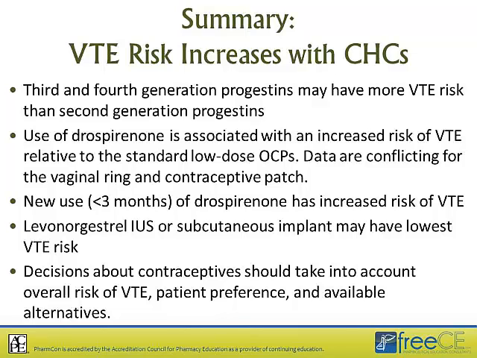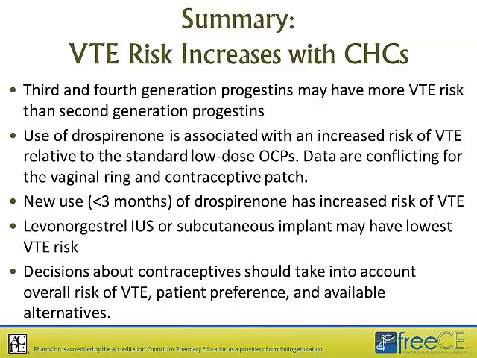So when we summarize our pro stance that VTE risk increases with combined hormonal contraceptives, we can say the following things, I think. We can say that third and fourth generation progestins may have more risk than second generation or first generation, that the use of drospirenone specifically is associated with an increased risk of VTE relative to the standard low-dose oral contraceptive pill, although data are somewhat conflicting for the vaginal ring and patch.